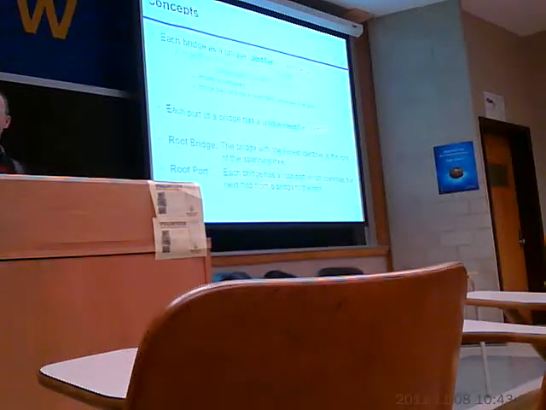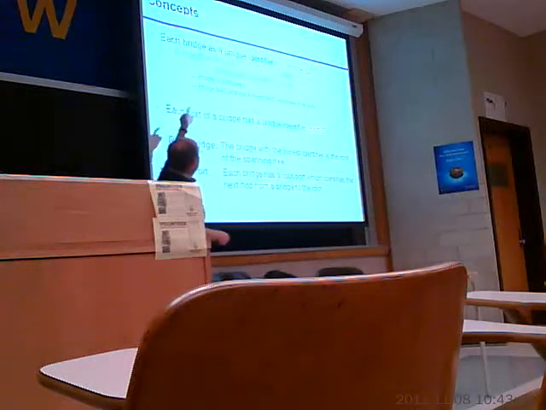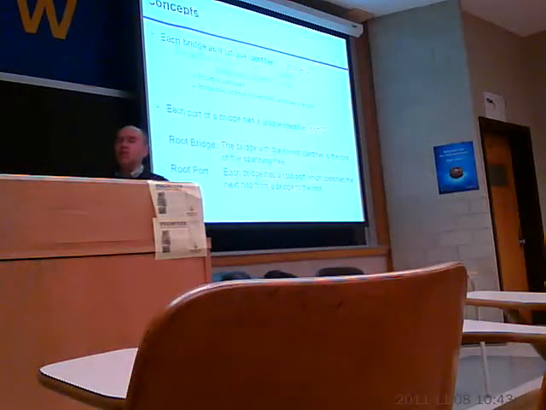So the default should be all ones, the highest number. The priority field is a configuration setting that's not set automatically. By setting that number small, you control who becomes the root bridge.